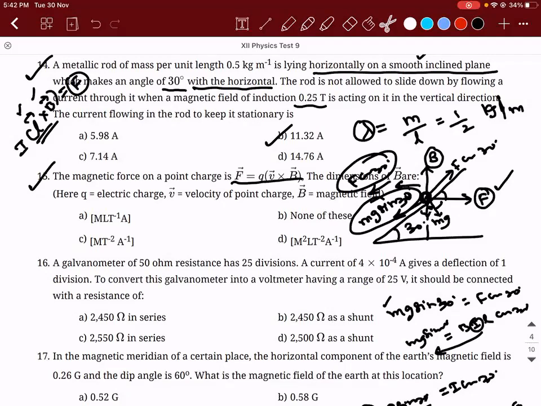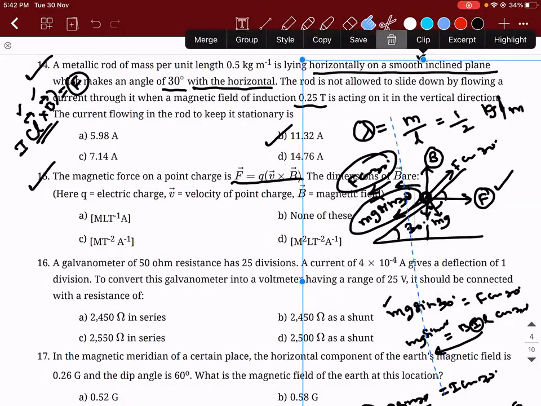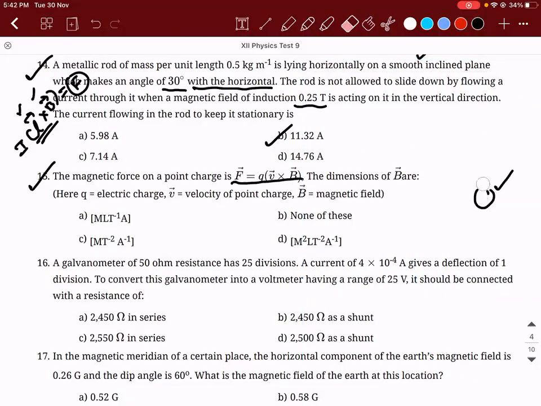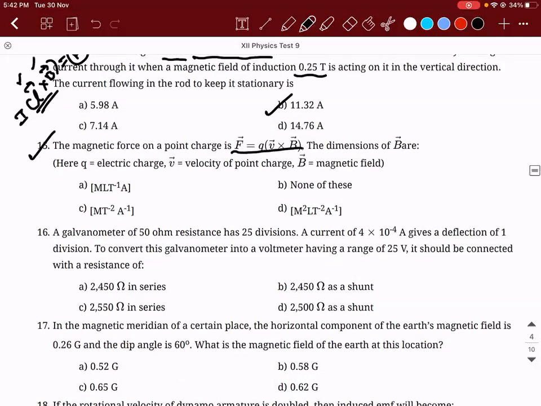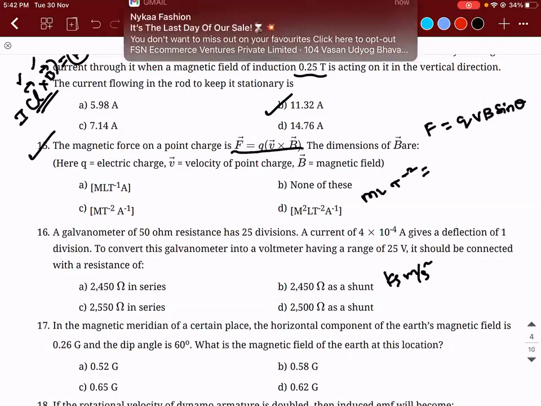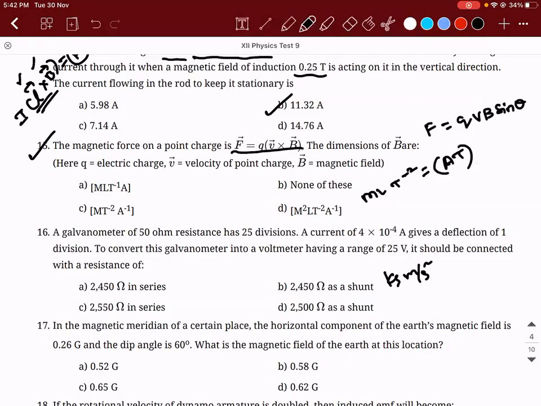Can I rub it, guys? Yes, sir. So 15th, F is equal to Q into V vector cross B vector. So F is equal to QVB sin theta. Correct? So F is measured in kilogram meters per second square, which is M L T minus 2. That is M into A. So M L T minus 2 is equal to Q, which is ampere into time, correct?